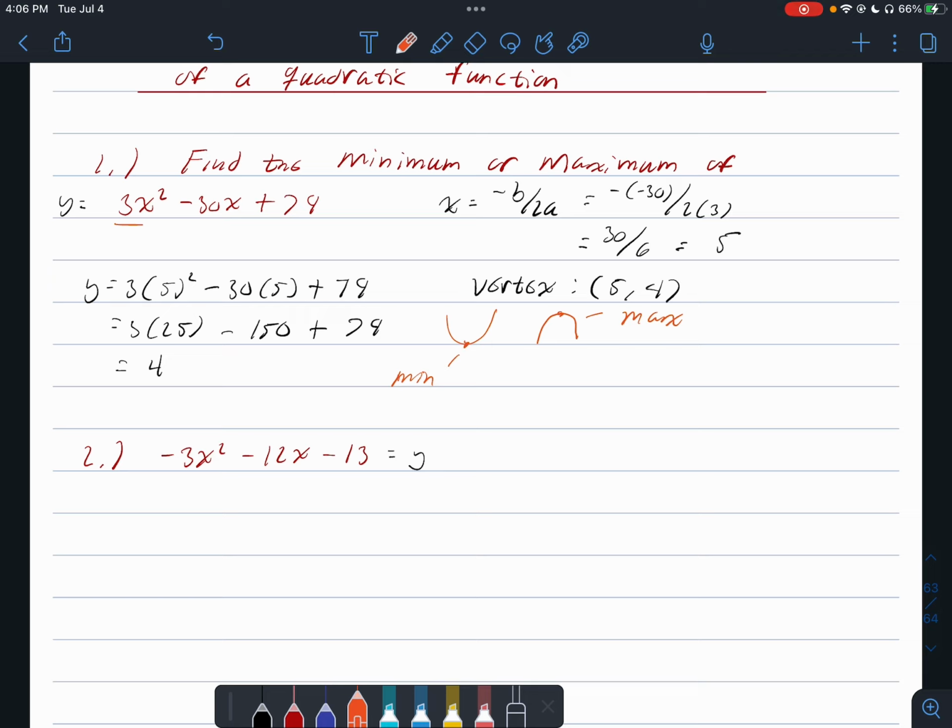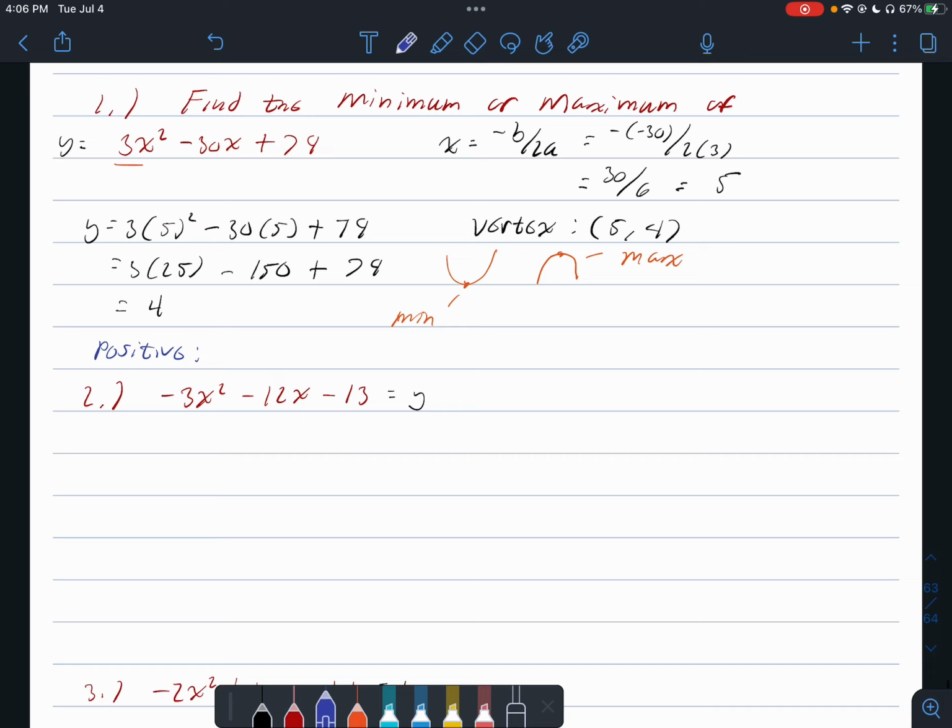So in this case, that would be 3. If it's positive, the function opens up. If it's negative, the function opens down.